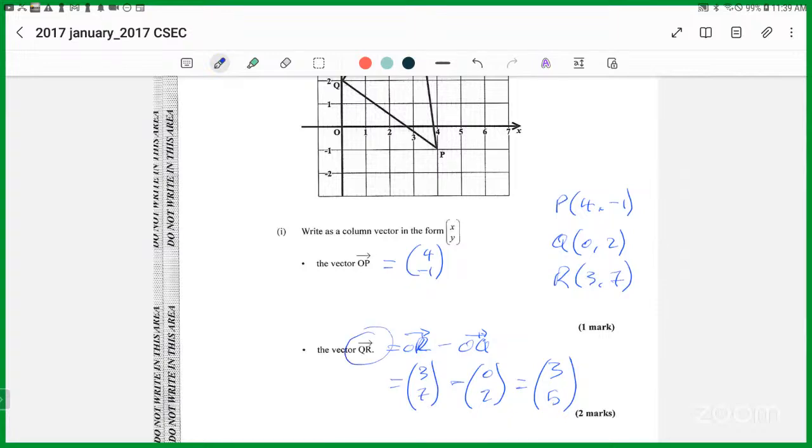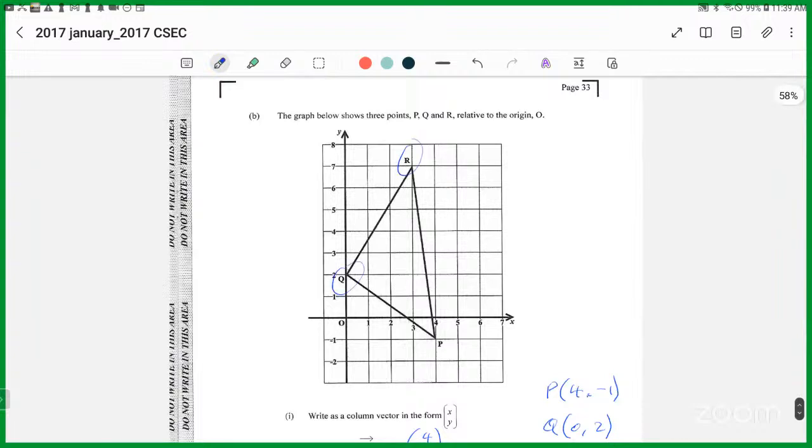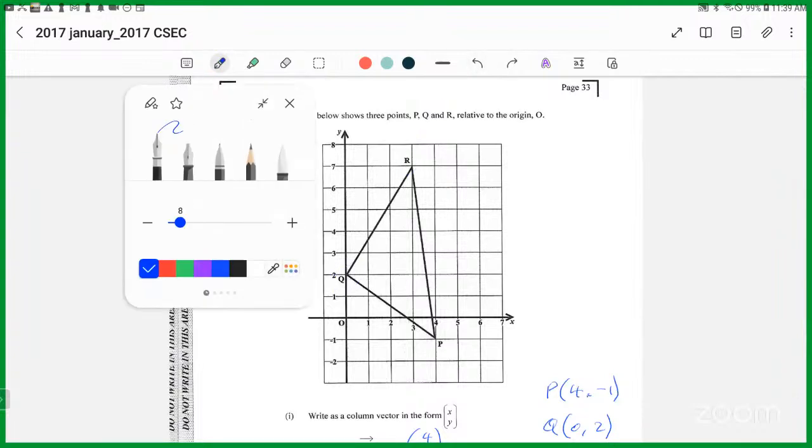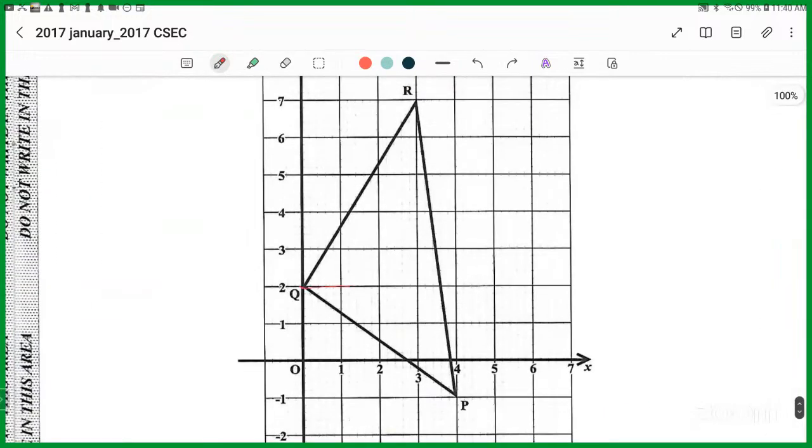We could also get it from the diagram. How do we go from Q to R in the diagram? Look. We go from Q to R on this diagram. Going this way, 3 units, and then going up here 5 units. Count it off: 1, 2, 3, 4, 5 units up.